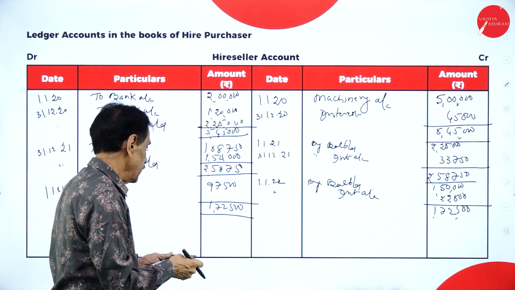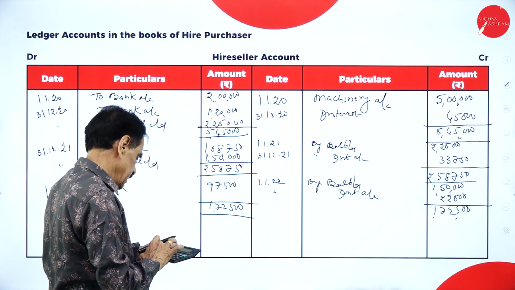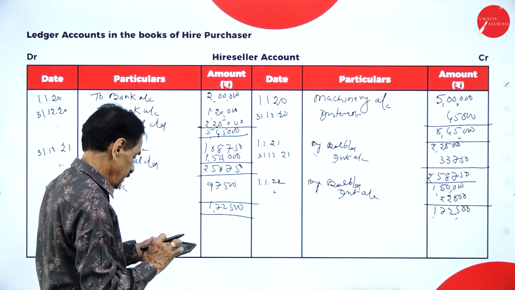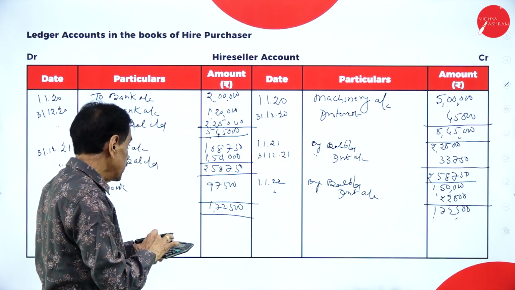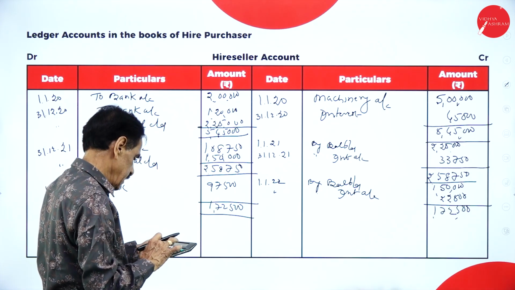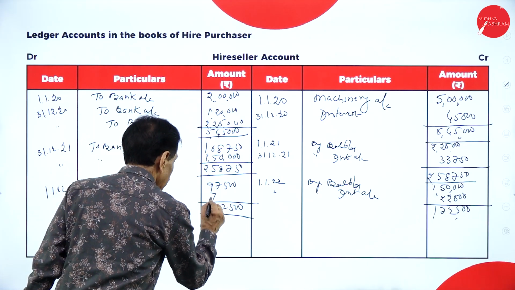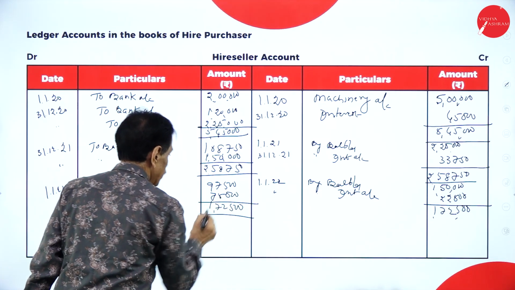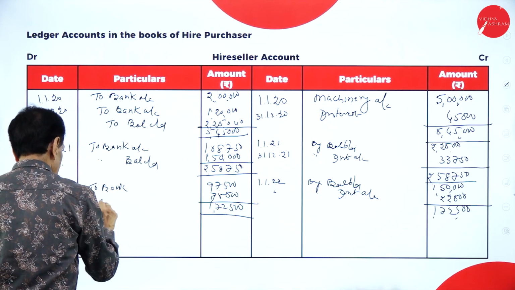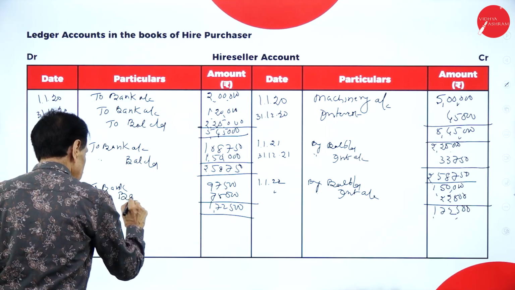Out of that, 1,72,500 minus 97,500, 75,000. Same date, balance carried down.